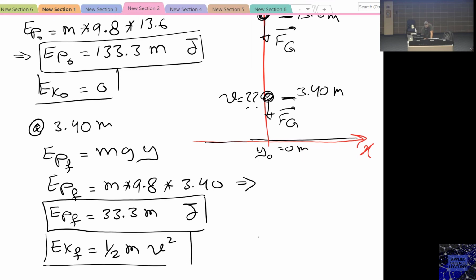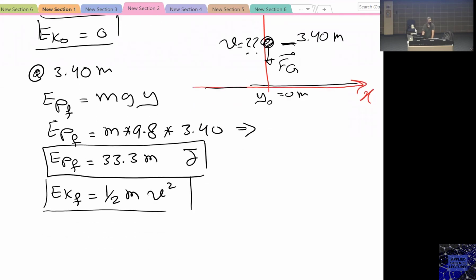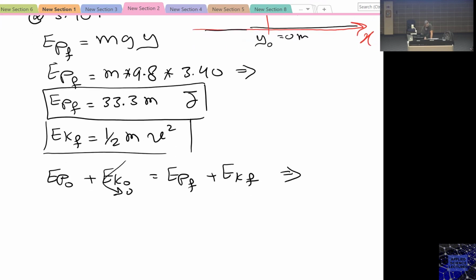But now what I'm going to do, I'm going to apply the conservation of energy. Applying the conservation of energy, I have EP naught plus EK naught equals to EPF plus EKF. EK naught is 0. I know that because the kinetic energy there is 0.